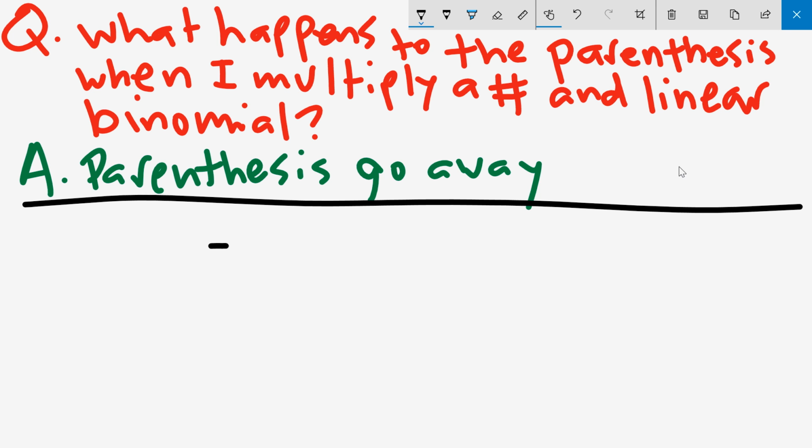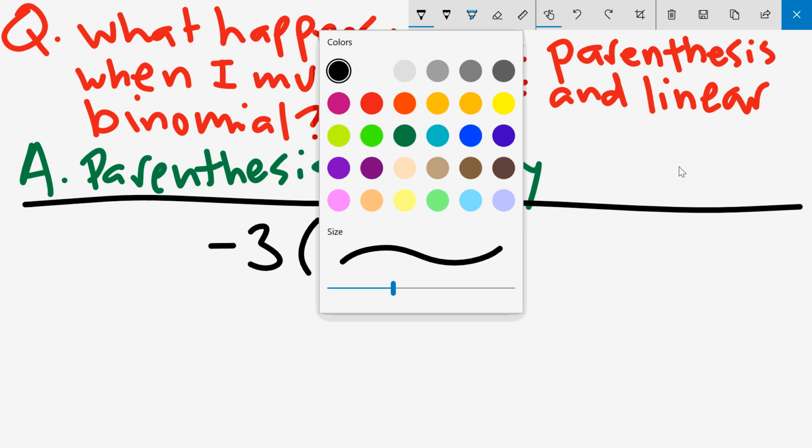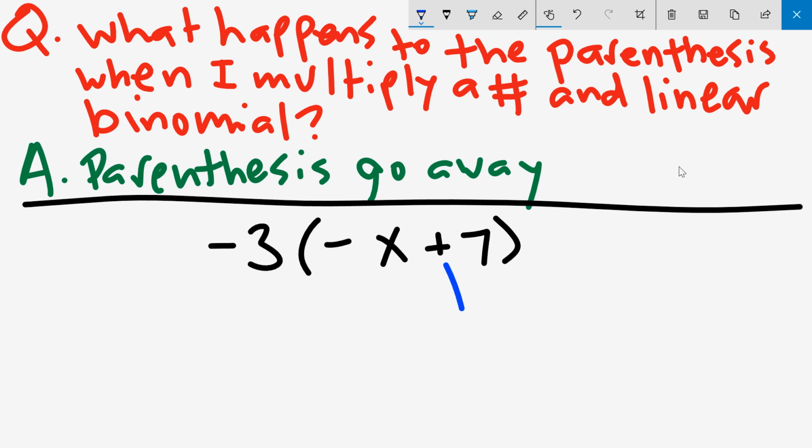So let's look at an example of something like -3 times (-x plus 7), for example, right? We have a linear binomial and a number, but let's look at the operations first. We got some addition, we got parentheses, we have, well, that's a negative sign, so we're not going to label that, but then we have some multiplication. Okay, parentheses first.